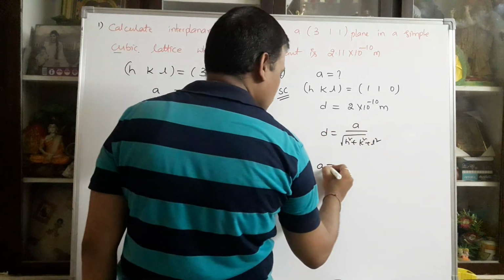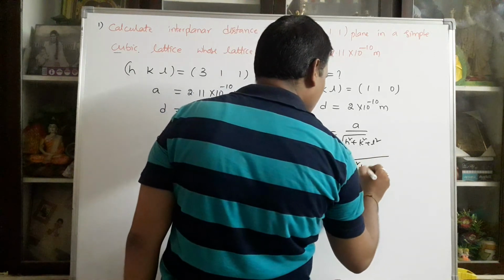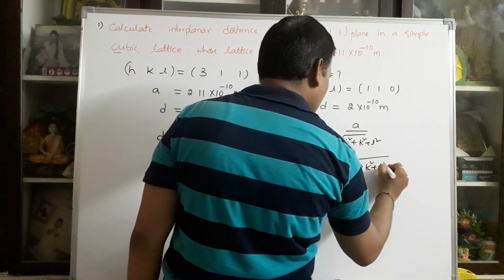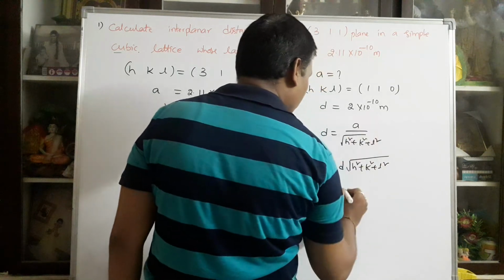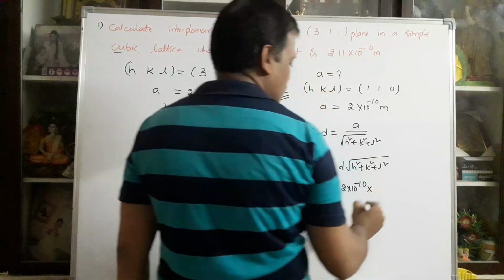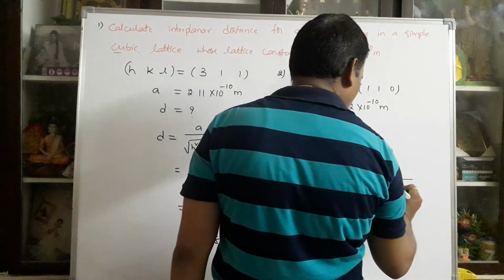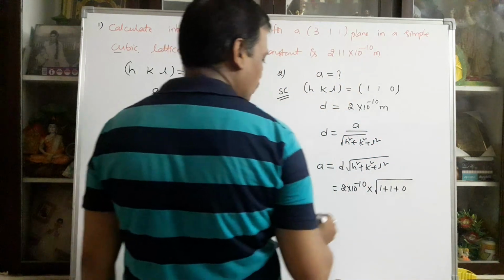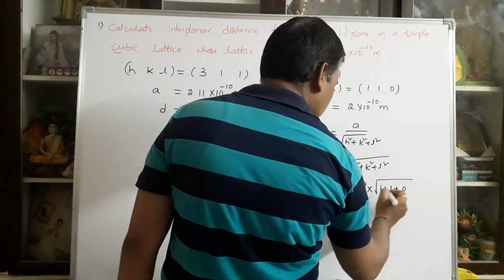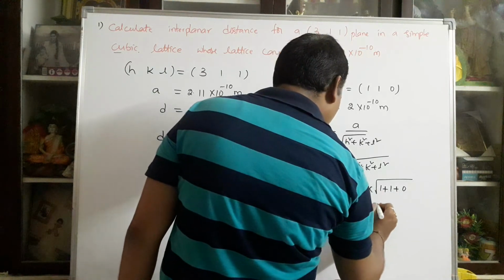So the lattice constant a is equal to d into the square root of h square plus k square plus l square. Here d is 2 into 10 power minus 10 into the square root of h square, 1, plus k, 1, plus l, 0. That is root of 1 plus 1, root 2, so root 2 into 2 into 10 power minus 10.